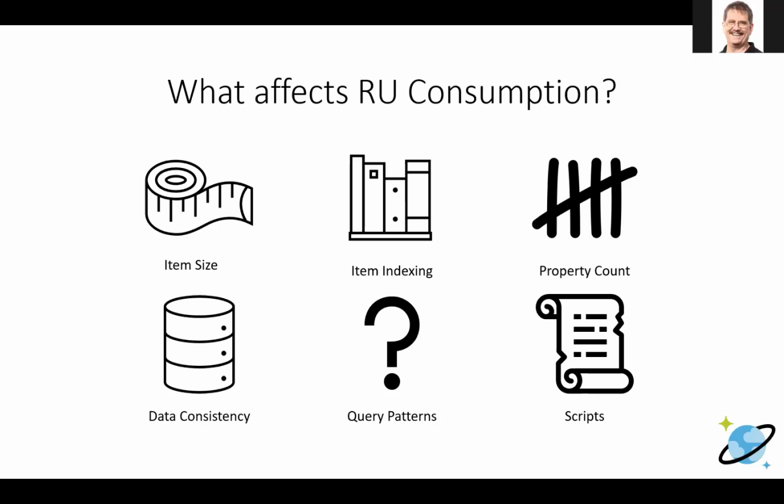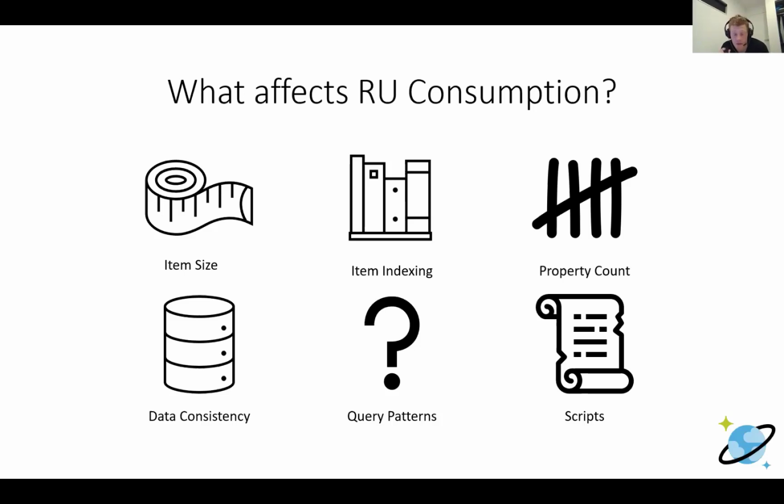Okay, thanks. Cool. So just coming back to throughput, what really affects our RU consumption? The size of our items has a big effect on request unit consumption. The bigger the item, the more request units we need to consume to perform read and write operations for that item. Again, indexing. By default, Cosmos DB will index all our items and all our properties.